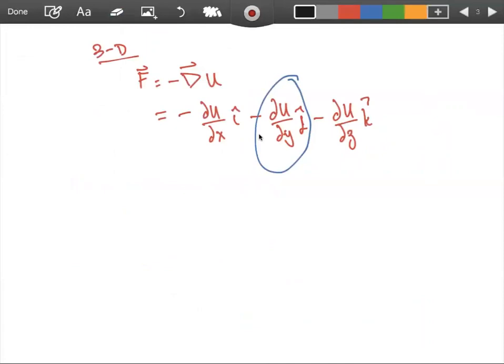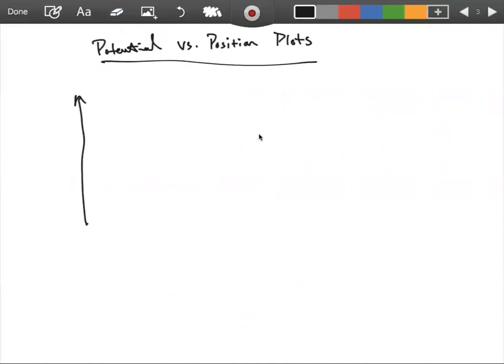Now, what I'm going to be mostly interested in this for is to look at things that are called potential versus position plots. Let's look at an example of this. So here is my vertical axis, which is going to be the potential, and then my horizontal axis, which will represent the position.